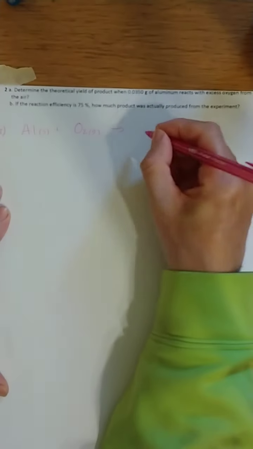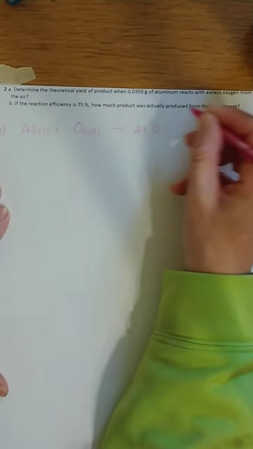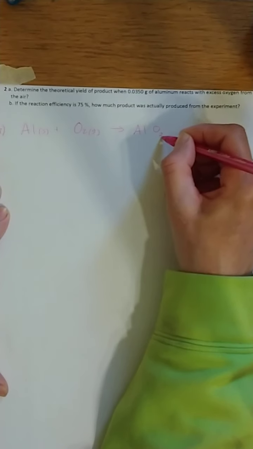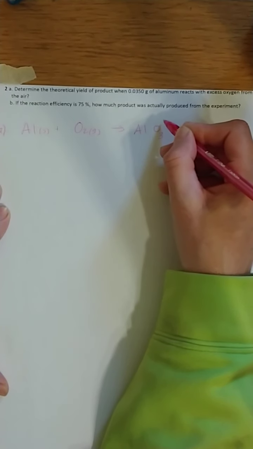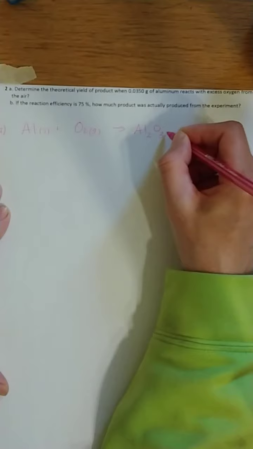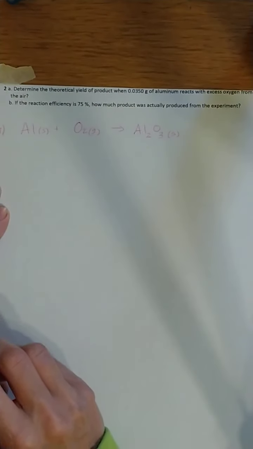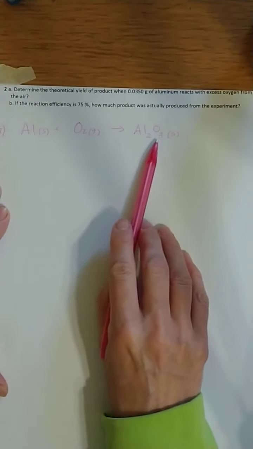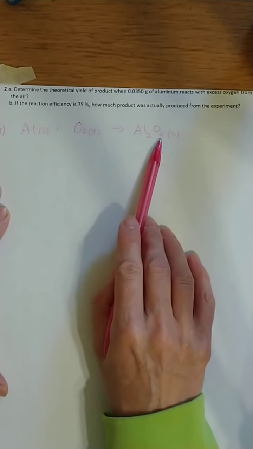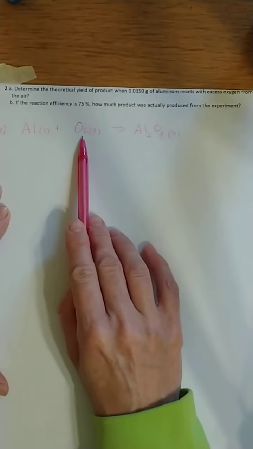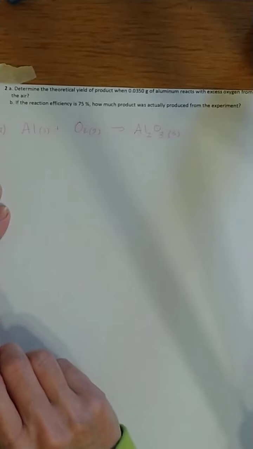This is a synthesis, so Al2O3, aluminum has a +3 charge, and the oxide ion is a 2-, and it's a solid. So when we go to balance, start with the compound, we have 3 O's and 2 O's. So the lowest number they both multiply into is 6.